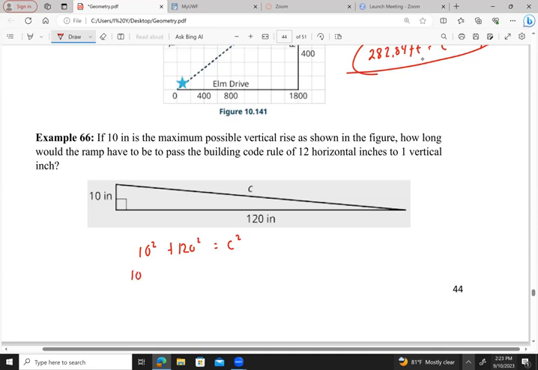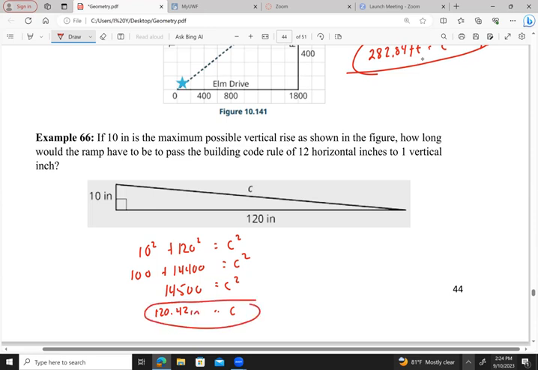So 10 squared is 100. 120 squared is 14,400. So I have 14,500 equals c squared. Take the square root of 14,500, and I get 120.42 inches.